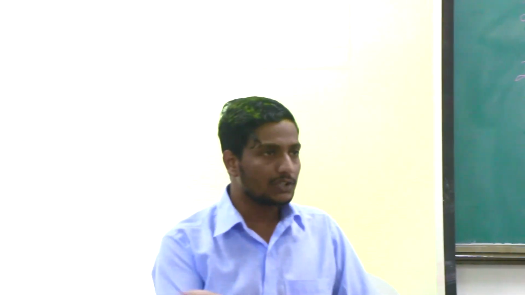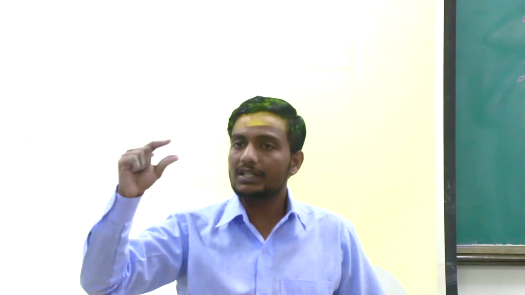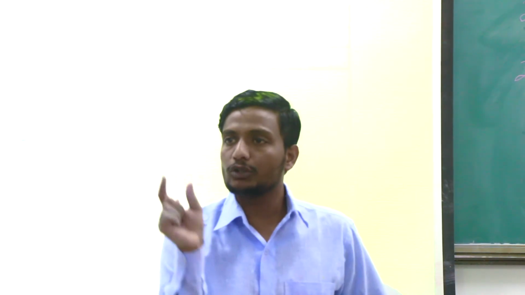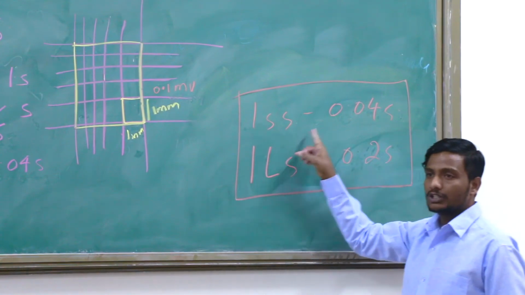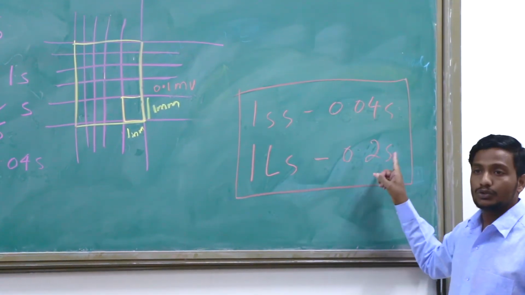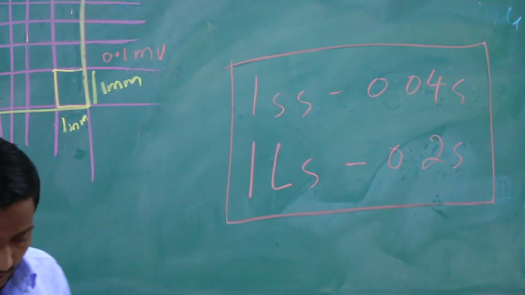So remember, x-axis for time, y-axis for the voltage. One small square in height is equal to 0.1 millivolt, and one small square in length is equal to 0.04 seconds. I want you all to remember this. For the time, on the x-axis, one small square is equal to 0.04 seconds, and one large square is equal to 0.2 seconds. Clear to you? Okay, so this is the concept about your ECG paper.